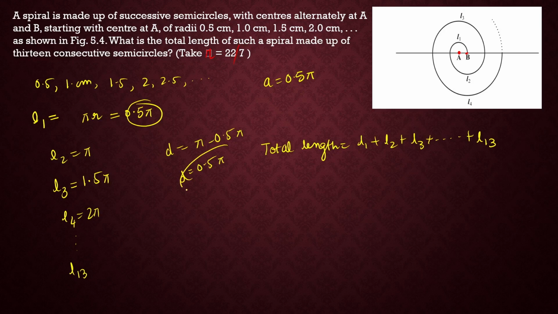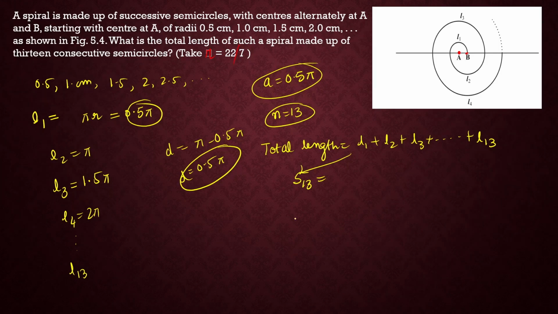So we got the value of the common difference as well as the starting term, and the value of n is equal to 13. So if you find S13, you will get the total length of the spiral, that is equal to n by 2 into 2a plus n minus 1 into d.